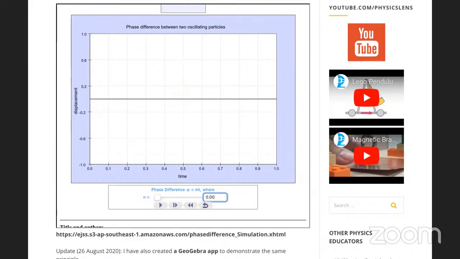Let's write it back here. What's that? 3 on 2 pi, right? So that's 1.5.